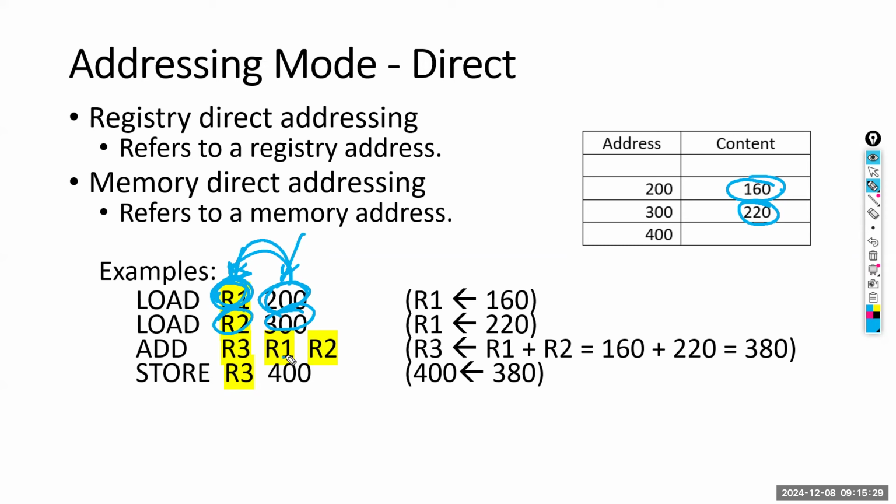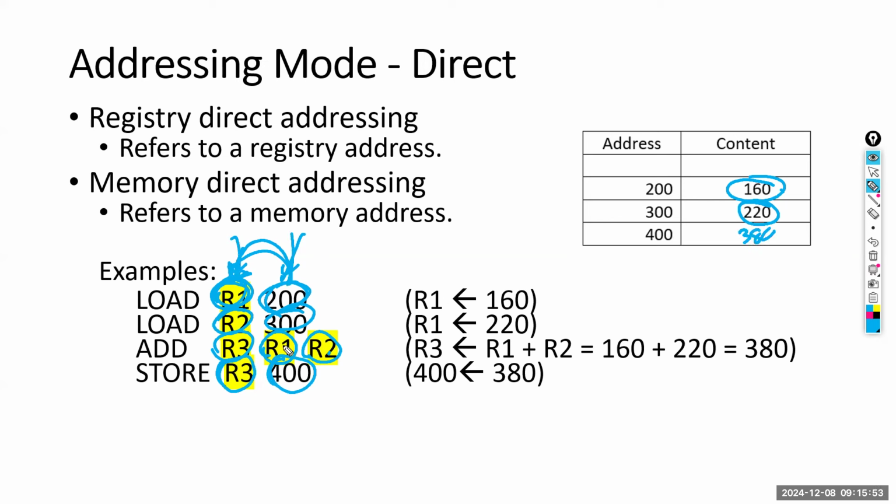Then the values in register 1 and register 2, add and store it to register 3. Again, we are using direct addressing mode. Store the value in register 3 into memory address 400. Now the result, that is 380, will be stored here.